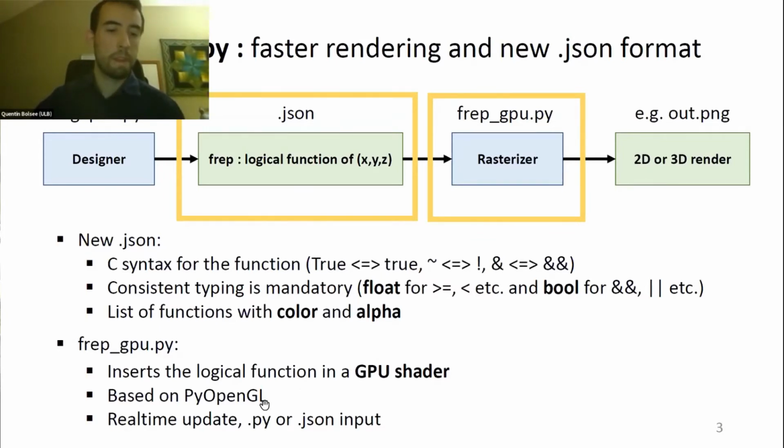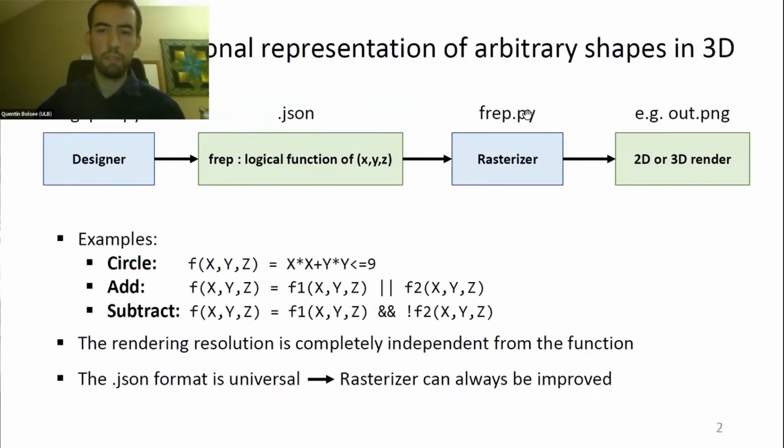Okay. Finally, the really exciting thing about FREP GPU, and I think that's the main reason to adopt it, it's the real-time update. So you see this Python script that will generate the JSON. Usually you have to relaunch it every time you want to update the render. But now I also accept a Python file as an input. So I will show you in a minute, but essentially the previous frep was taking the JSON as a stream.